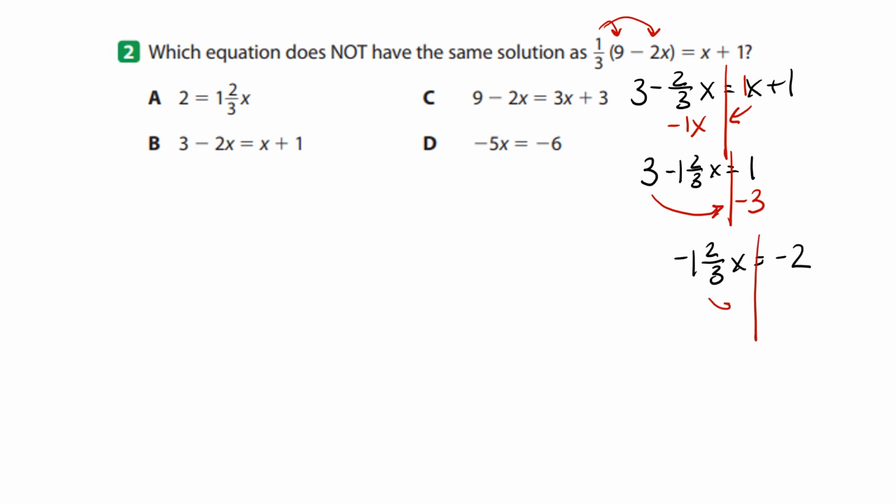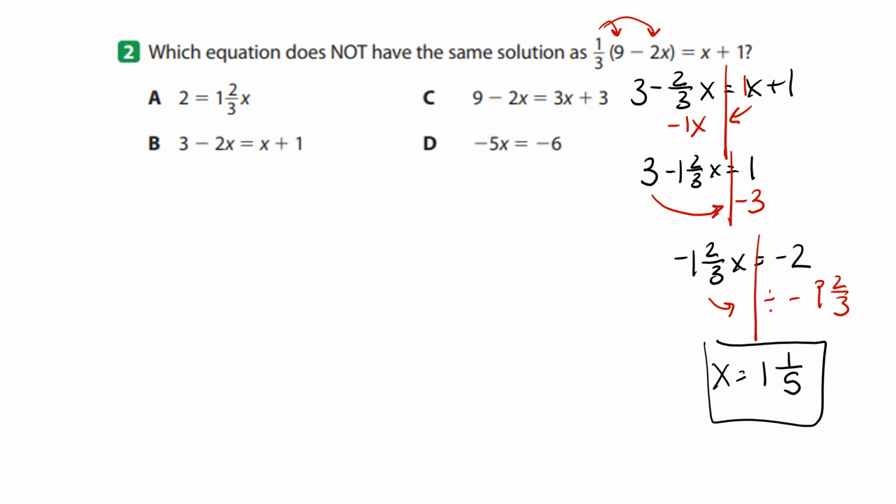And our last step is to divide. We divide by negative 1 and 2/3. When we type it into the calculator, negative 2 divided by negative 1 and 2/3, we end up with 1 and 1/5 as our final answer.